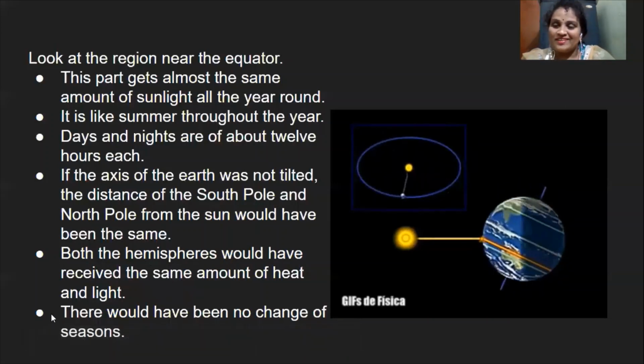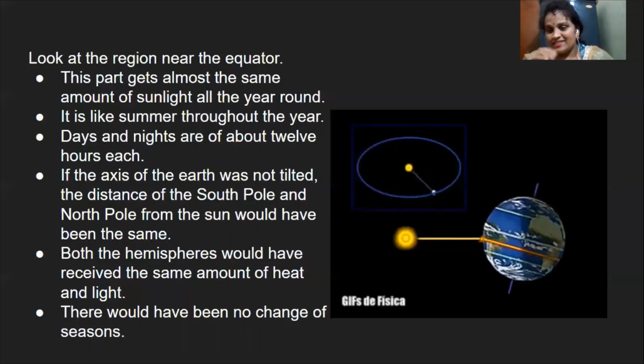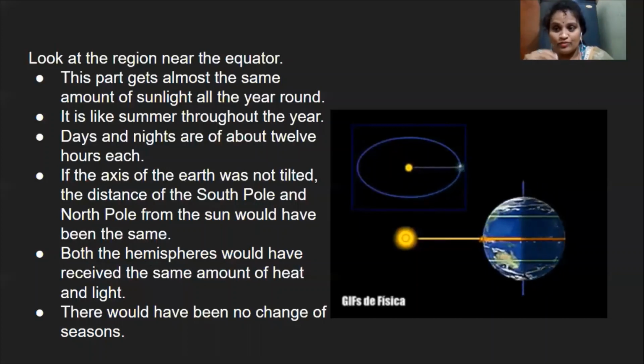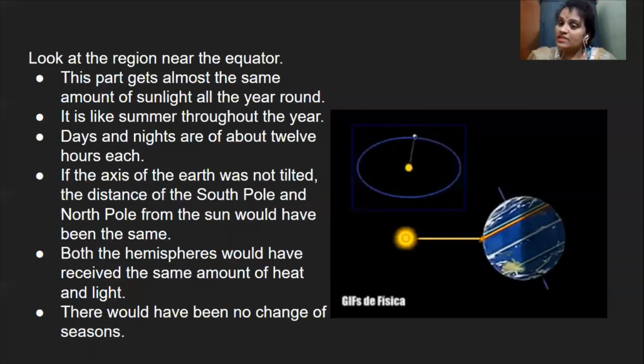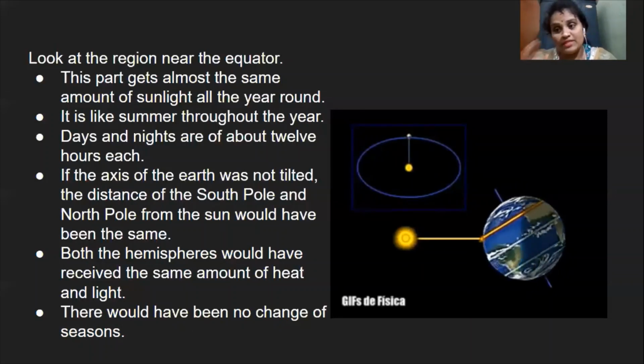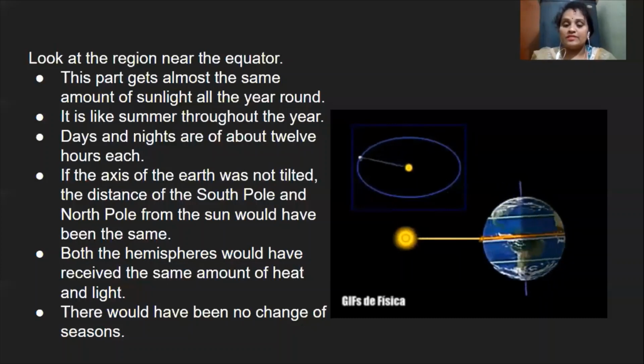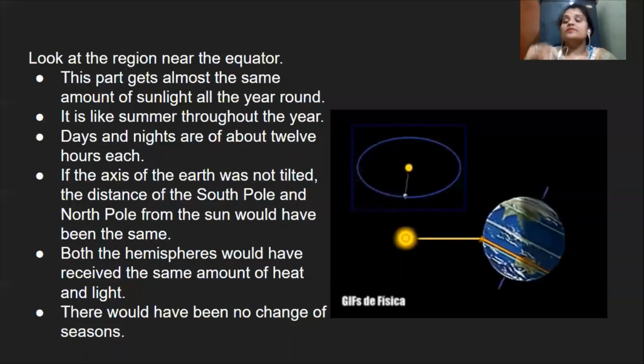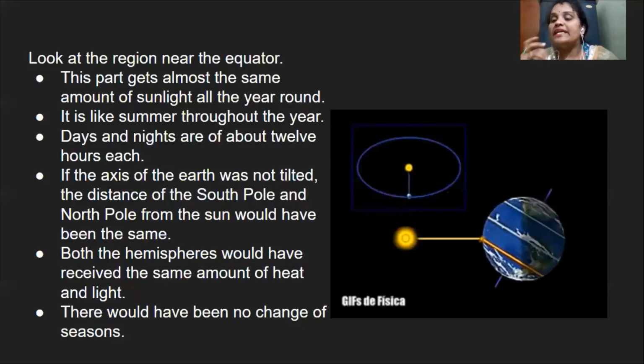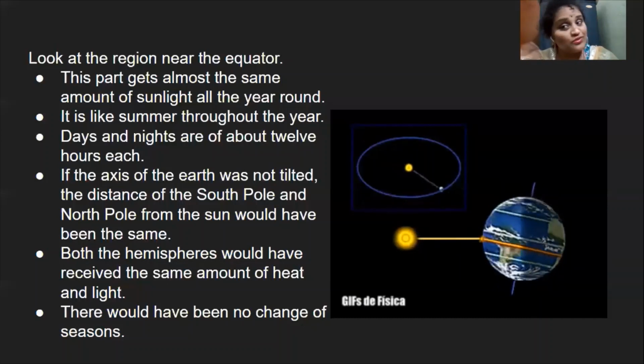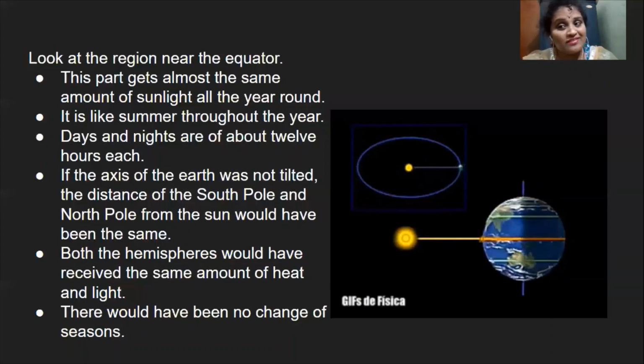So if our axis was not tilted, then what is going to happen? The distance between the north pole and south pole from the sun would have been the same. Then both hemispheres receive the same amount of heat of the sun, so there is no change in the season.